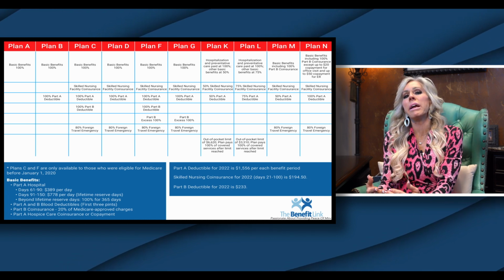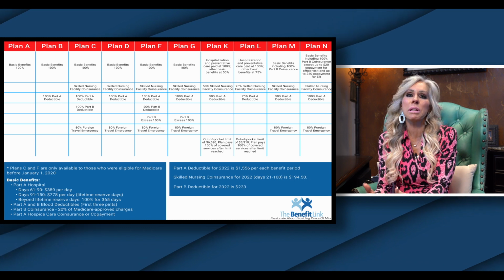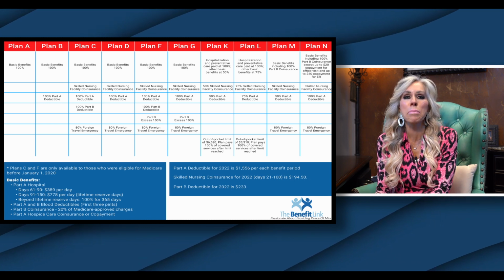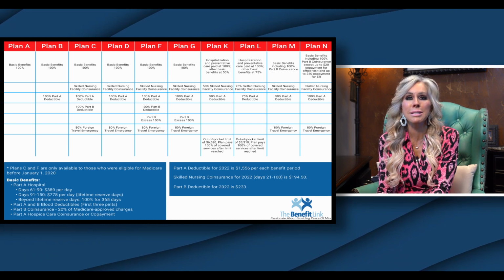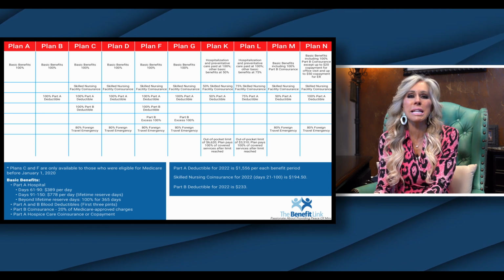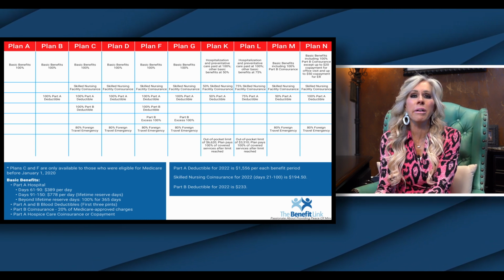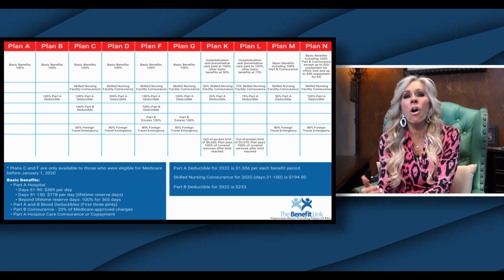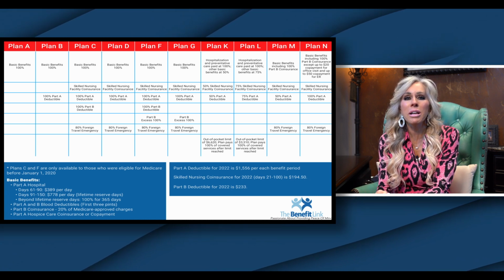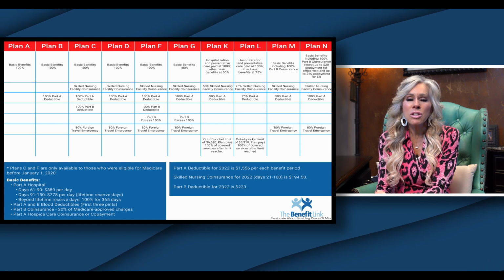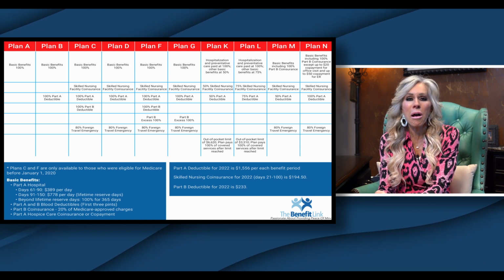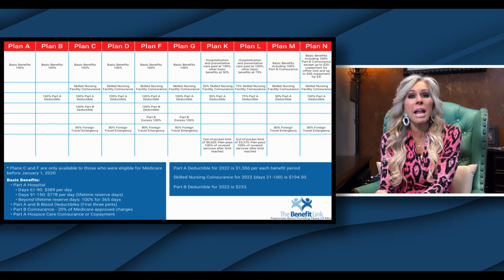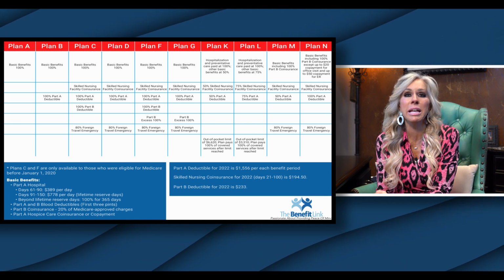Now, let's compare the Plan F to the Plan G, okay, since they both cover that 100% excess. If you look at the chart, you can see all the benefits of Medicare are covered on 100%, the basic benefits. Again, on the chart, in the very bottom, on that left-hand corner, you'll see all the out-of-pocket expenses that you would have even if you did have just Medicare.